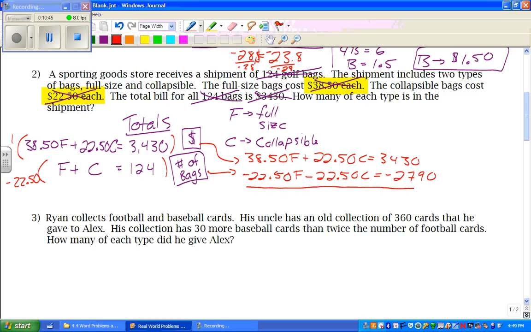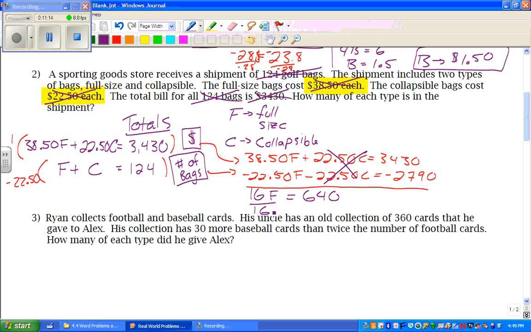Okay, we can combine. So 38.50F minus 22.50F gives you a total of 16F. The C's cancel. And then 3,430 minus 2,790 gives you a total of 640.